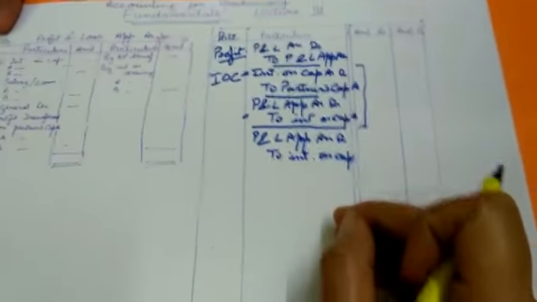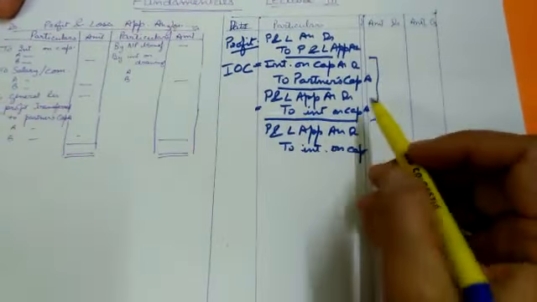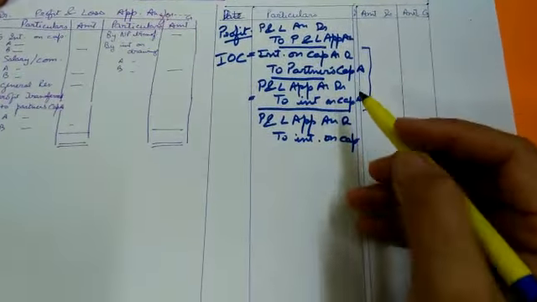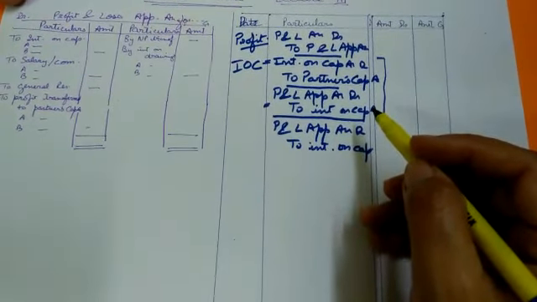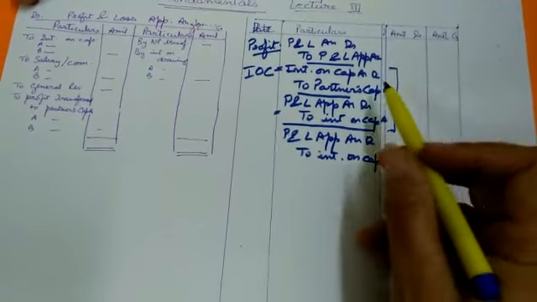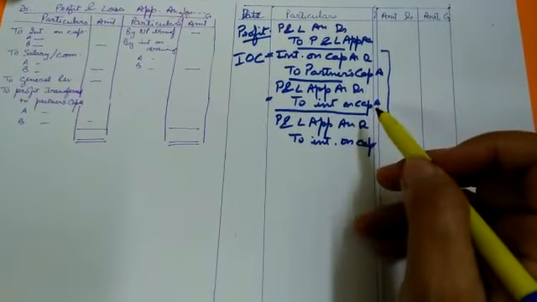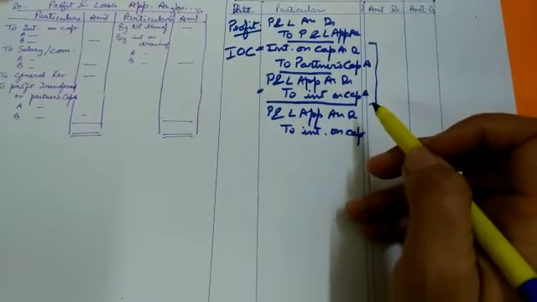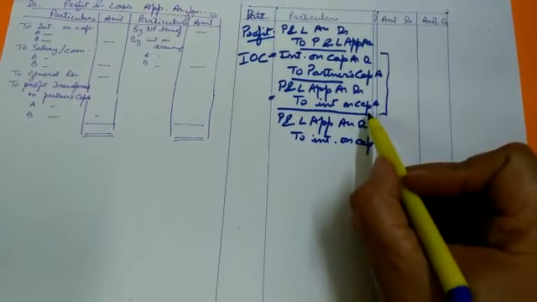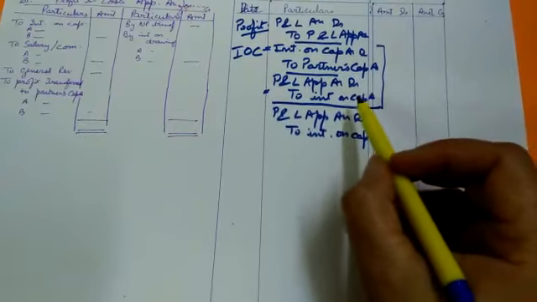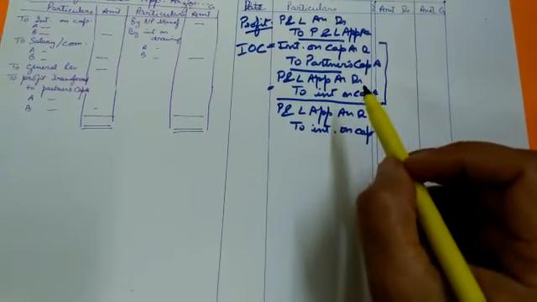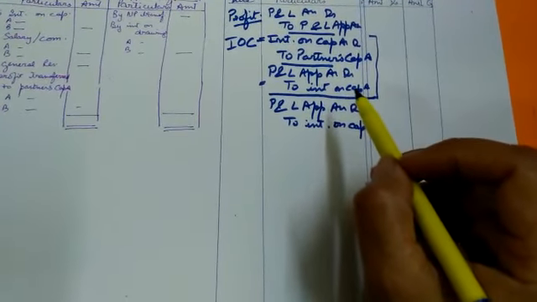Both are correct, but still I'll recommend that you pass these two journal entries, because in the board exam last to last year it was there, and in the marking scheme they had written two journal entries. So if the teacher is ignorant, you might lose marks there. That is why I always insist that children should pass both the journal entries of providing and then charging it from P&L account.